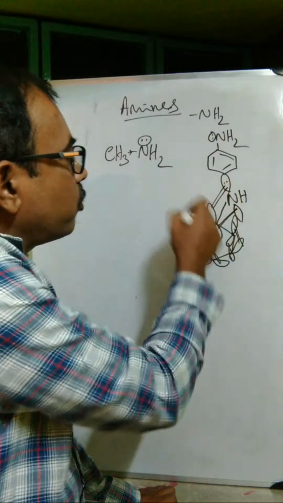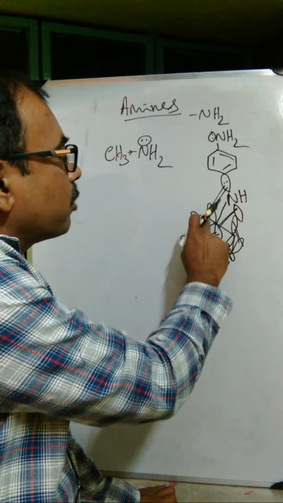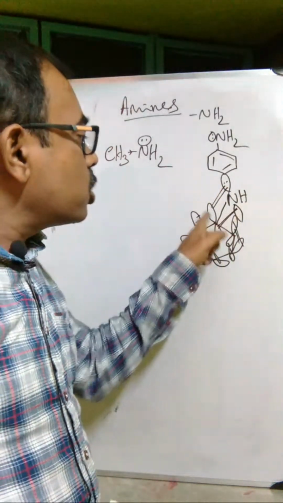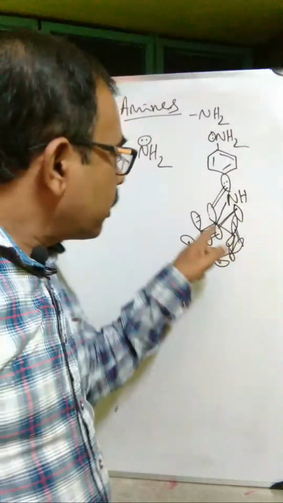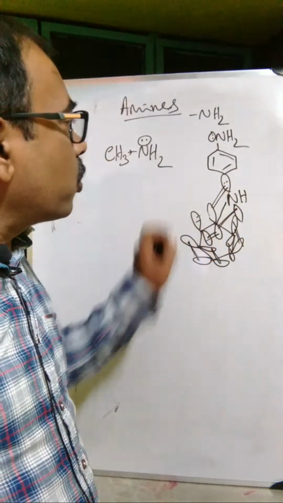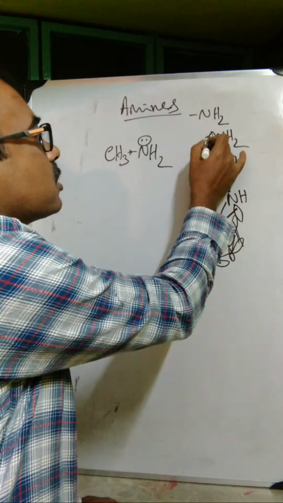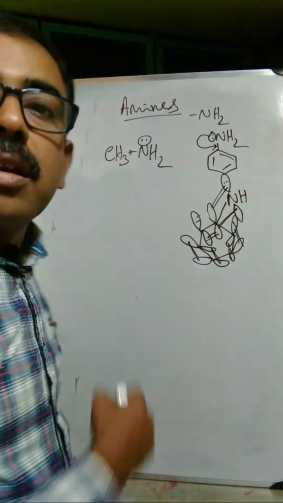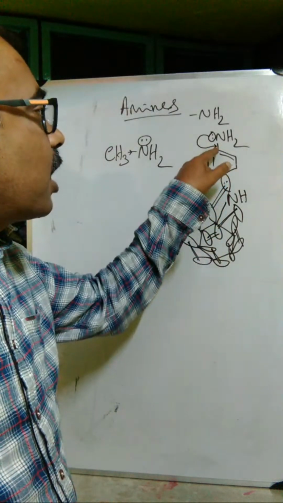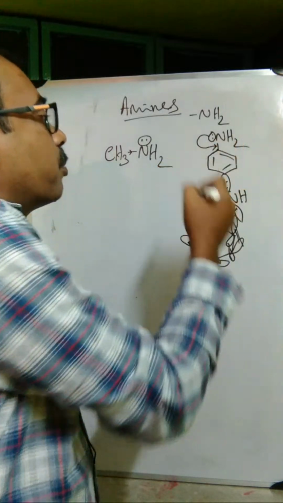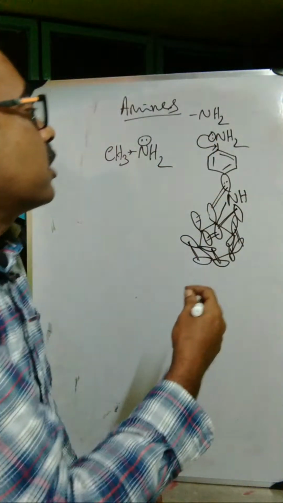When this bond is formed, this bond has to be broken, because at a time it cannot make two pi bonds. We can show this in this manner. When a double bond is formed by using the lone pair of nitrogen, this carbon now has 5 bonds, which cannot happen.